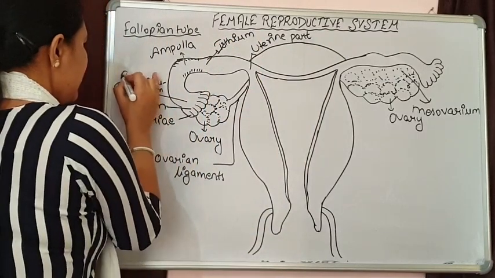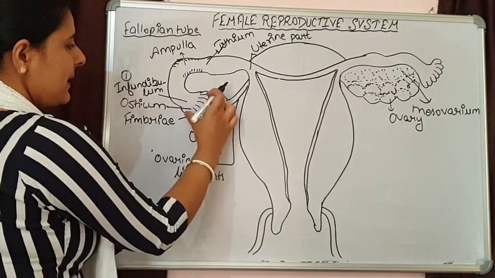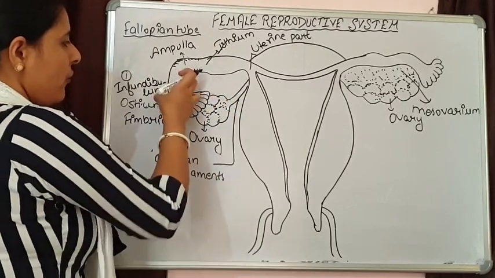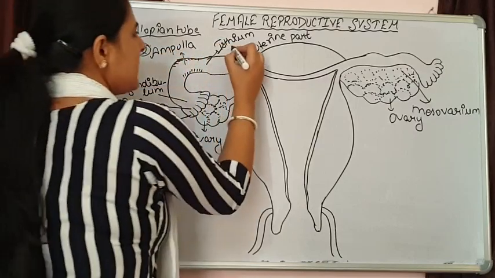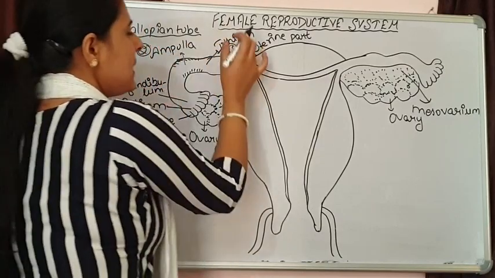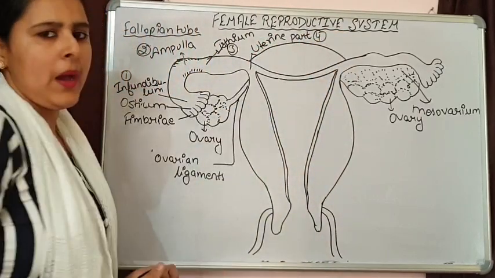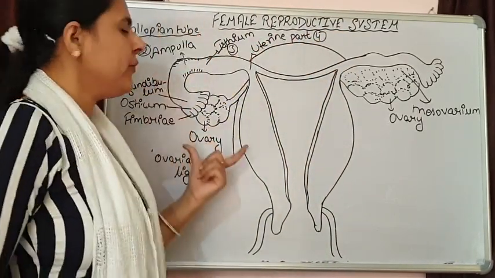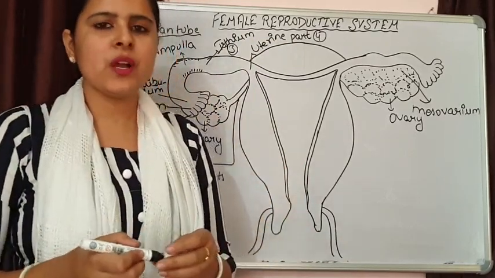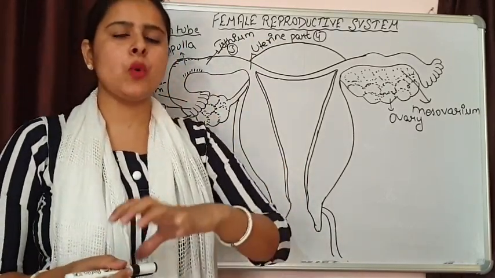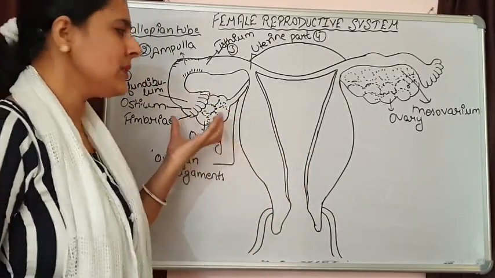The first one is the infundibulum, which has finger-like projections that help in holding the ovum. The second part is the ampulla. The third part is the isthmus, and the last part of the fallopian tube is the uterine part. So these are the parts of the fallopian tube. Now what is the function of the fallopian tube? The first function is to receive the ovum from the ovary after ovulation has taken place.